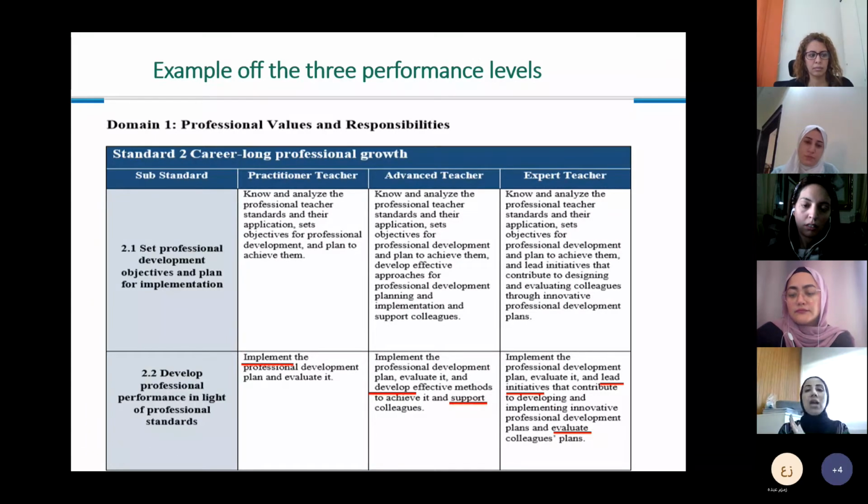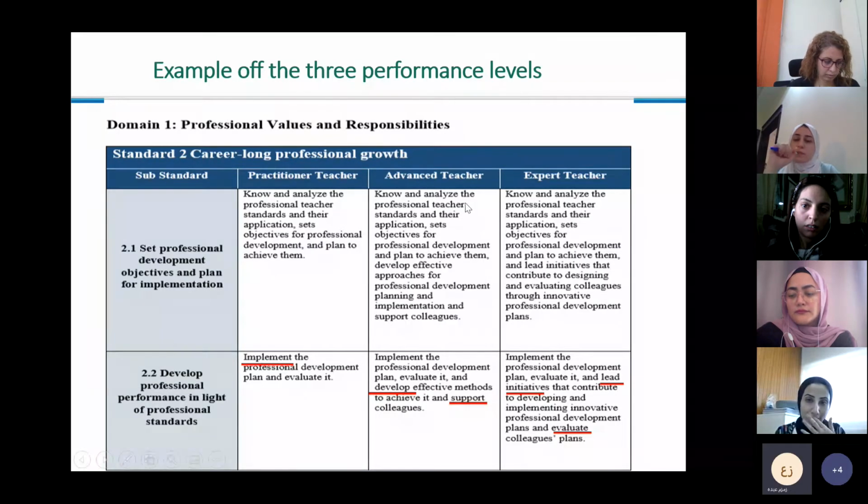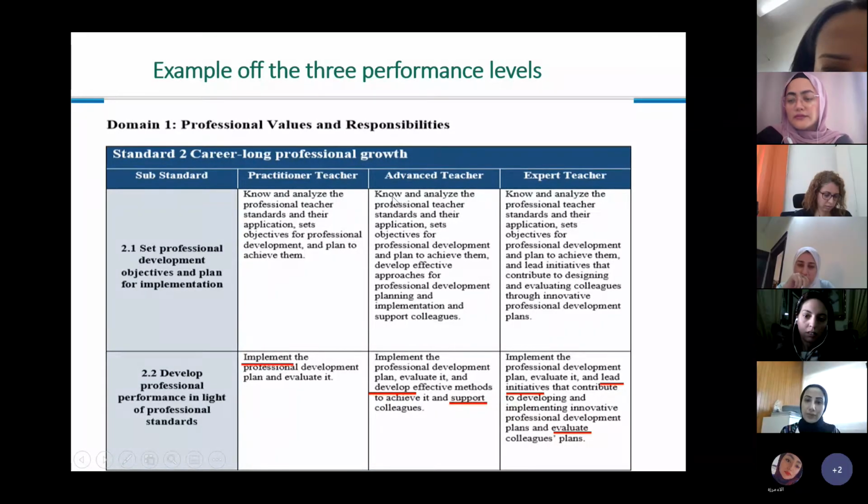Zamzam, the advanced teacher, let's see how he is more developed, okay? So an advanced teacher would not only know and analyze, set their objectives for professional development, plan to achieve them, but would also develop effective approaches for professional development, planning and implementation, and support colleagues.